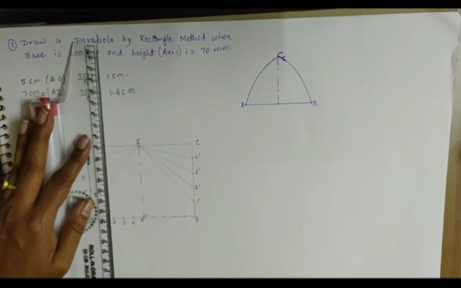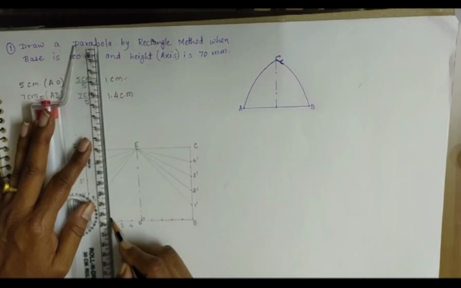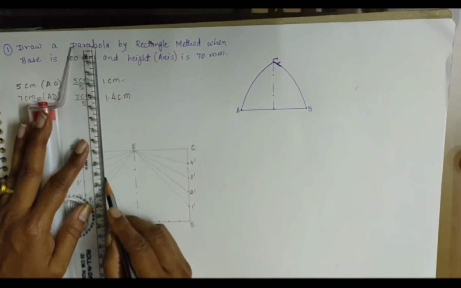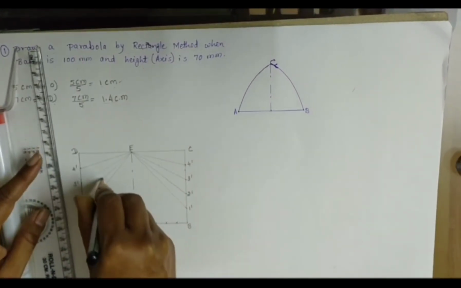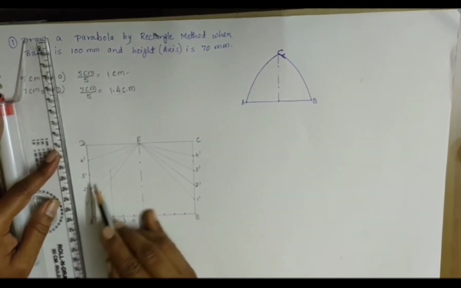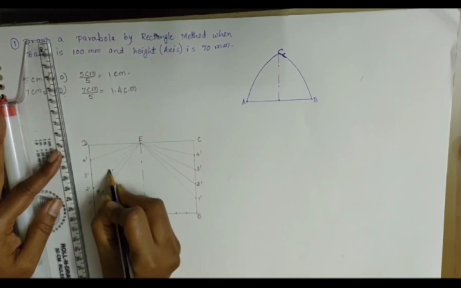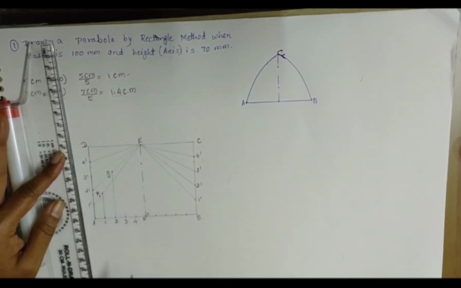Then in the similar way, draw a perpendicular line from 2 and stop it to meet the second line 2 dash E, so that we get the second point.